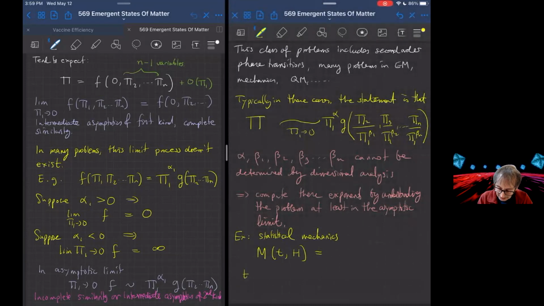So I'm going to write T is the temperature minus the critical temperature over Tc. So this might go like some constant m0, which has the dimensions of magnetization, times minus T to the power beta times some function of h over T to the power delta. And that would be an example of this intermediate asymptotics of the second kind.